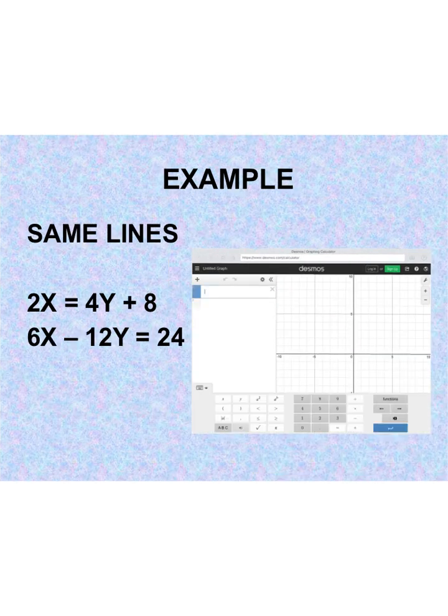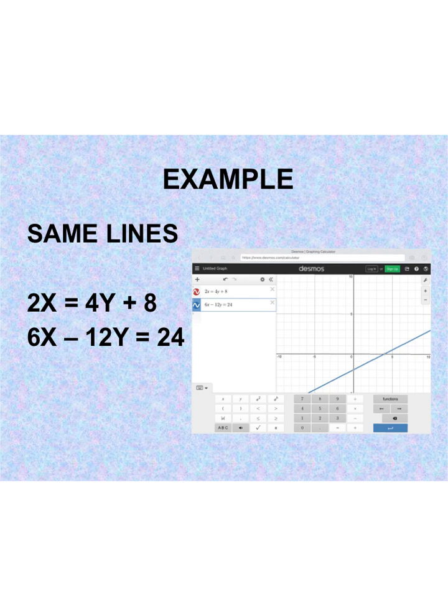All right, our last example, we're going to type in the two equations. I have 2x is equal to 4y plus 8. And my second equation is 6x minus 12y is equal to 24. And you notice that the first line is in red, the second line is in blue.